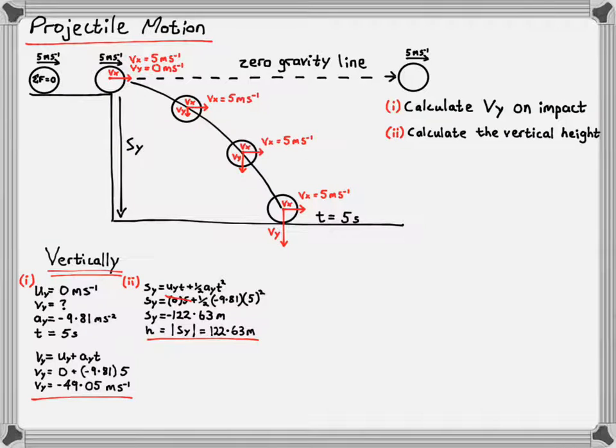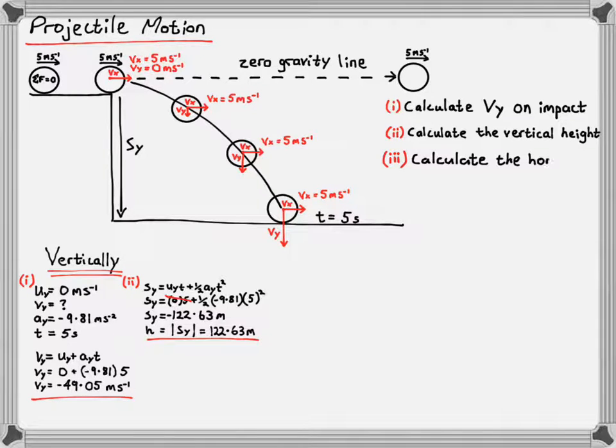However, the height is a scalar quantity, so I want the height of the cliff. So the height is going to equal the absolute value, or the magnitude, of the displacement. Magnitude means without direction. Absolute value means that we don't care about positive or negative. Okay, we just want the magnitude. So the magnitude of the displacement in the vertical direction is 122.63 meters. That just gets rid of my minus sign.